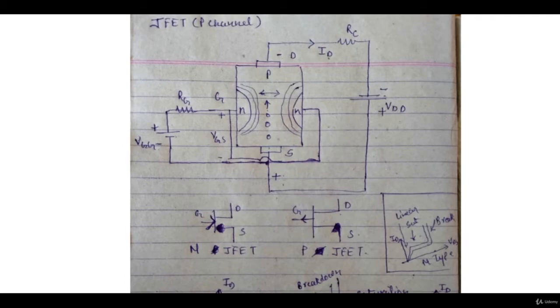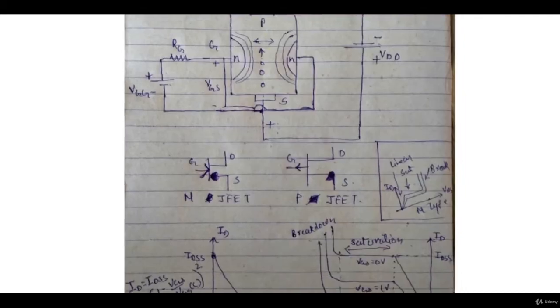So it is a unipolar device. Now the symbols: you can see here, this is for N-type JFET. This is the arrow direction going inside the FET from the gate, and here you can see the direction is coming out of the drain. It is a bit confusing, but that is how the representation of FET is.